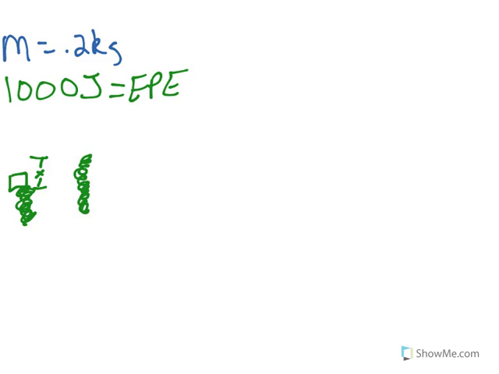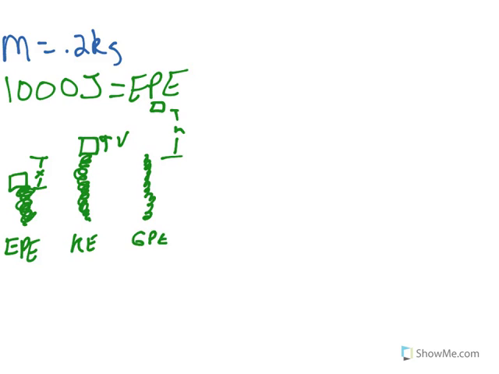It's used up all of its potential energy here, and the marble now has a velocity upwards. And then the spring really doesn't have any play anymore, but now it's up here some height, h. Obviously, here it's got elastic potential energy. Here it's got kinetic energy. And here it's got gravitational potential energy.